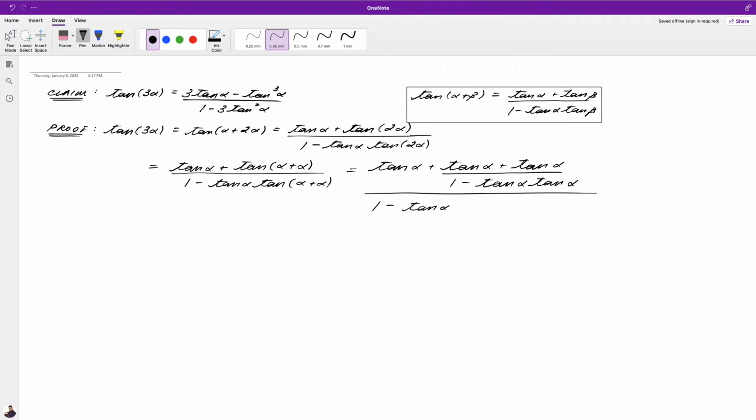And then, again using this formula, we're going to use parentheses because everything's being multiplied by tangent alpha. It's going to be tangent alpha plus tangent alpha over 1 minus tangent alpha tangent alpha, the product of those two there.